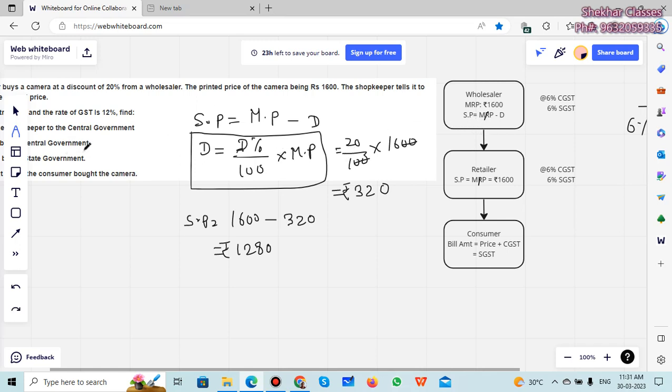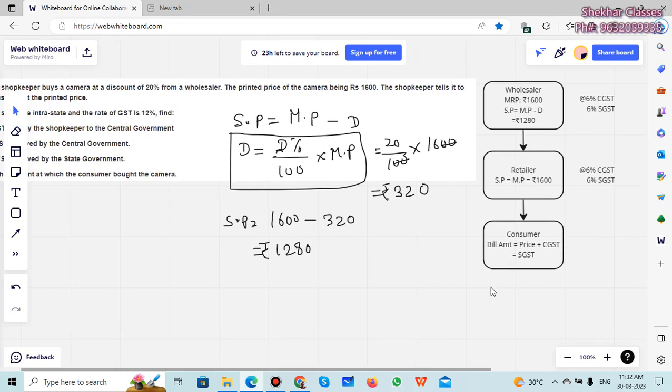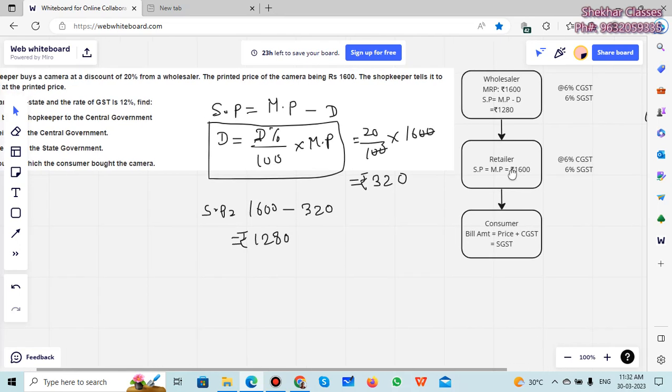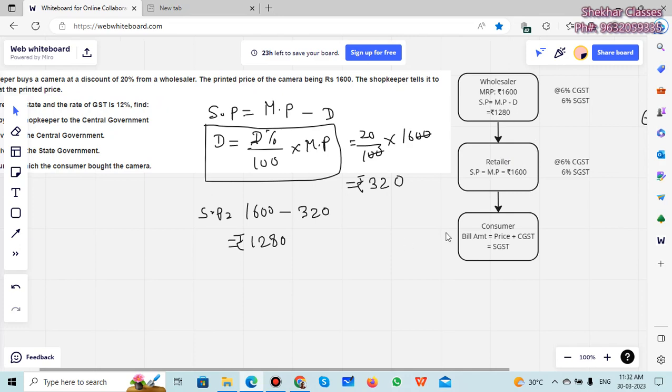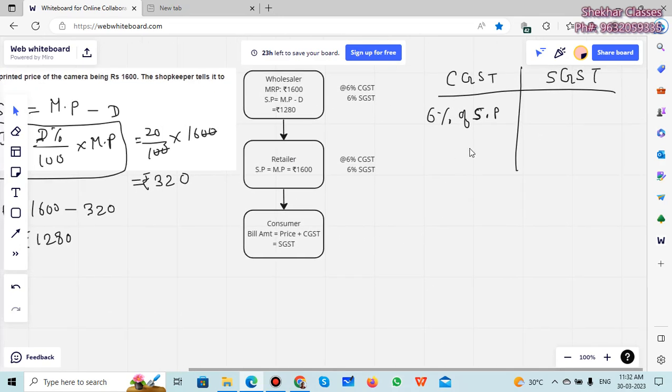So the mark price minus discount, that will give you 1280 as the selling price for the wholesaler here. Now he bought it for 1280. Now he will pay the tax on this 1280 only. So how much tax will he pay? So CGST is 6% of SP. So what is that SP here now? SP is 1280. So he will pay on 1280.